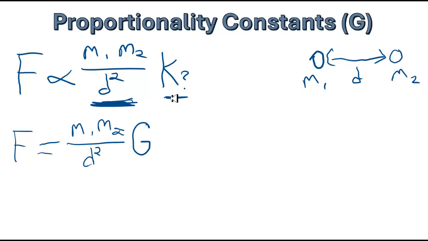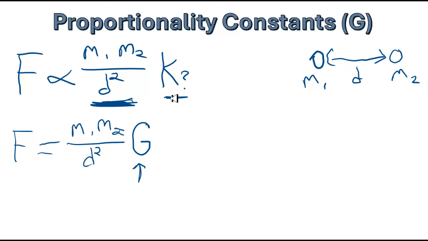Now that we've calibrated to the MKS system, we can write the value of the constant. So this relationship holds true in the MKS system if the gravitational constant is calibrated to the MKS system.